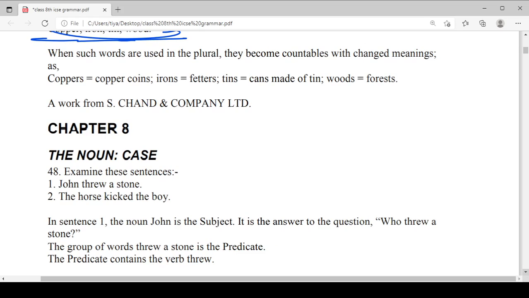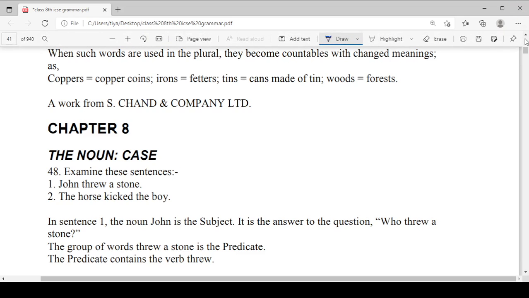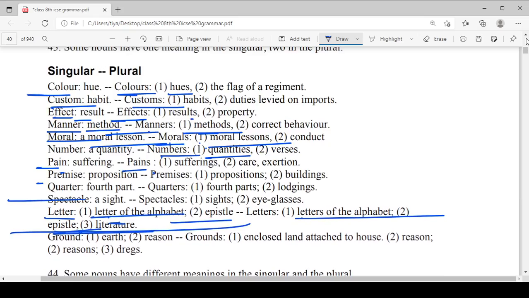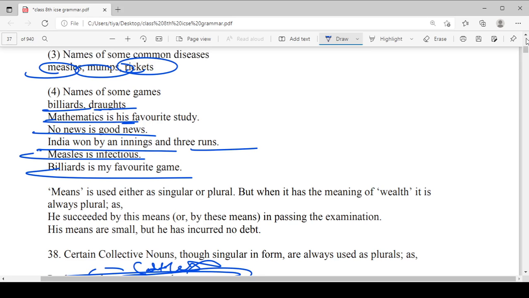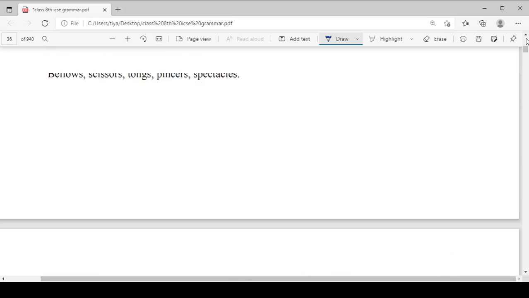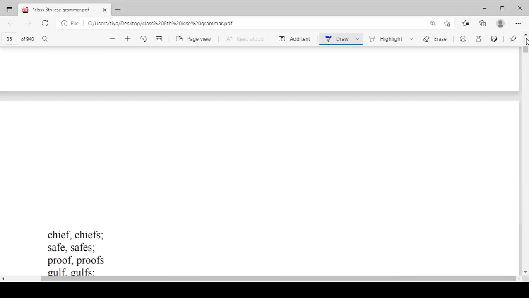And now we have another chapter, the noun case. So in this way, we can easily learn what are the nouns, what are the pronouns, what are the noun genders, and how can we change the singular form to the plural form of the noun. So just read the table again and again. Just take an overview that we have discussed the noun, singular noun, plural nouns, gender noun, feminine gender, masculine gender, common gender.